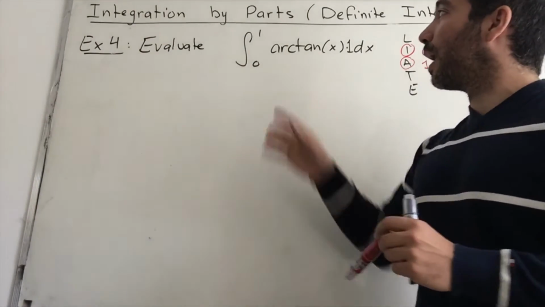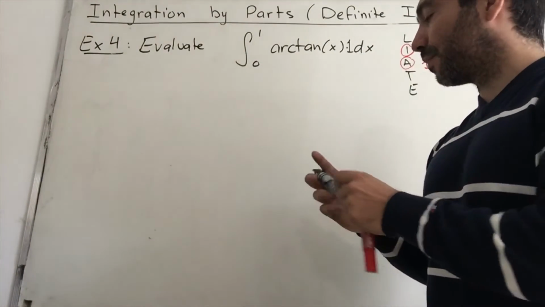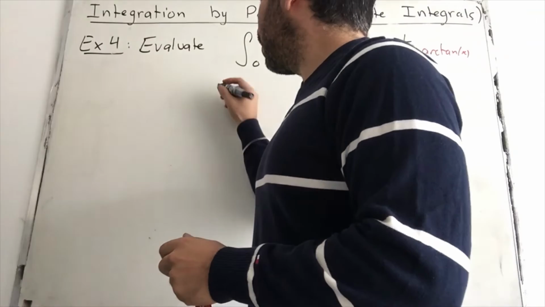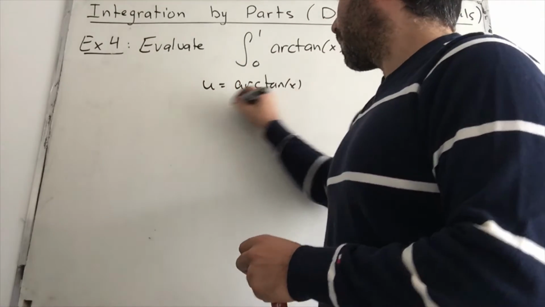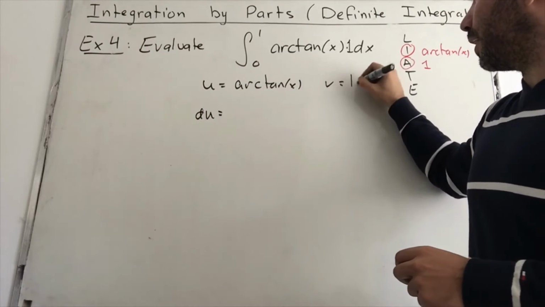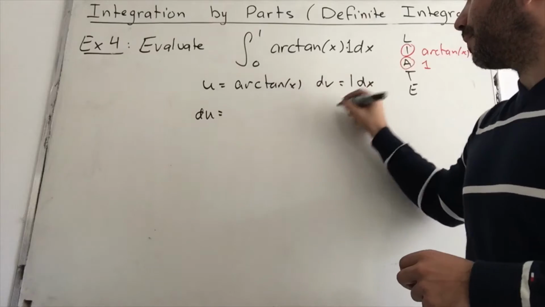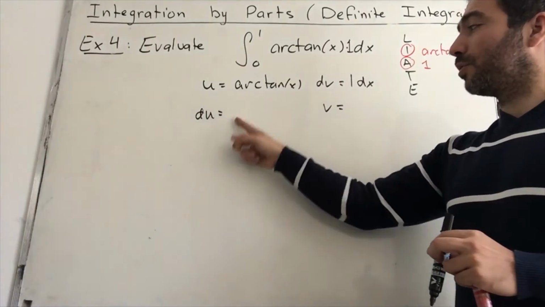So in this case here, I'm going to let my u equal arctan of x. So letting u equal arctan, we have to go find our du, and whatever's left over, 1 dx, oh sorry, that's our dv, and we have to go get our v. So here we're gonna derive, here we're gonna integrate.